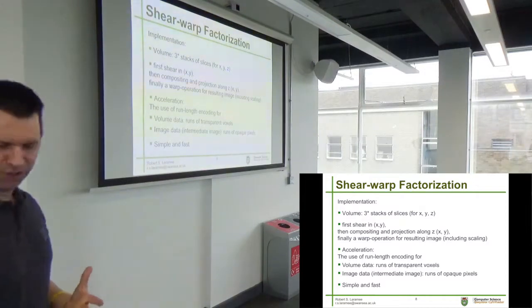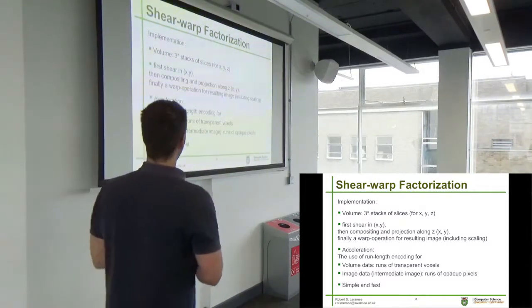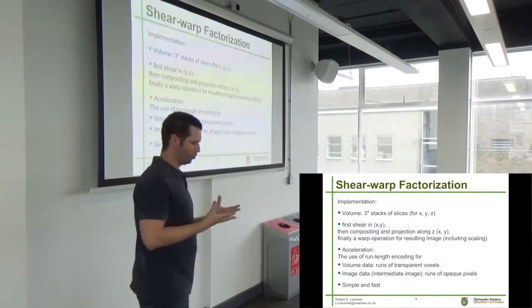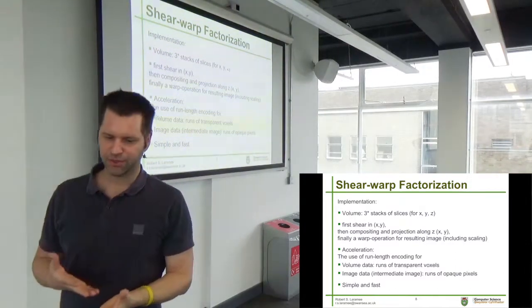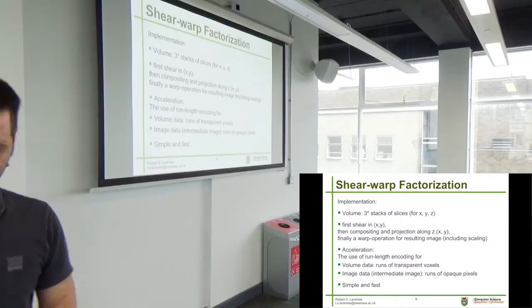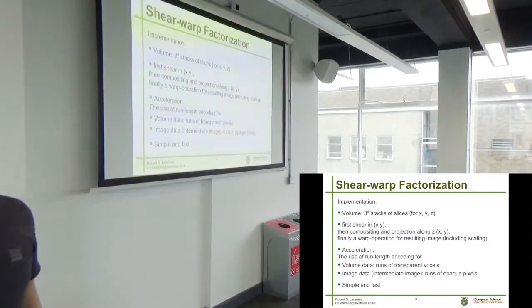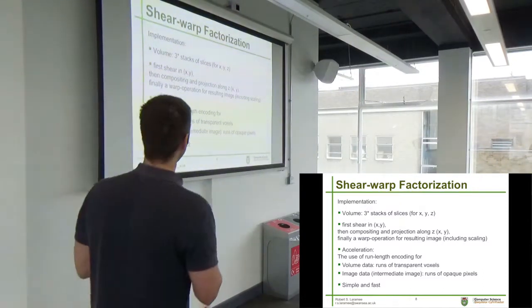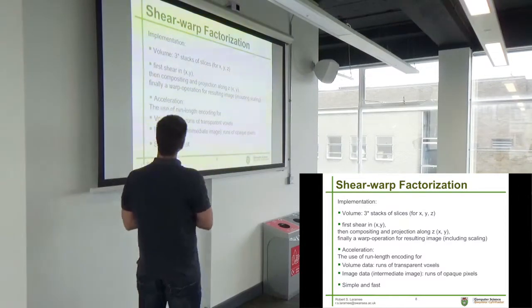So now we're going to talk a little bit about the details. So in a volume you have a stack of slices, right? The first step is the shear, which I just described. Then there's the compositing, and then there's the warp.